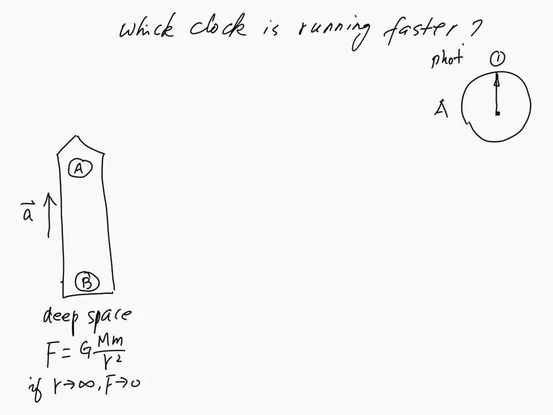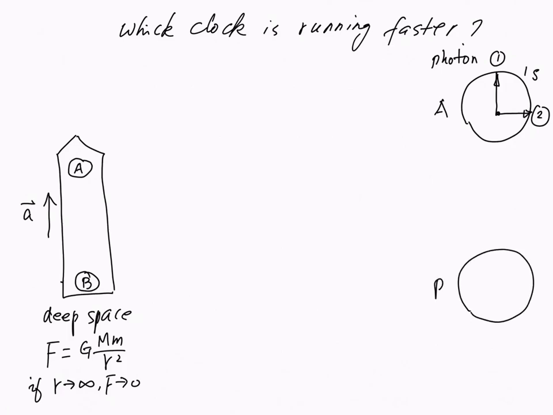This is photon 1. At the beginning of another tick, 1 second later, the clock emits a second photon. You keep doing this: tick, emitting a photon, tick, emitting another photon. The gap between ticks is 1 second. This is how we measure clock A.